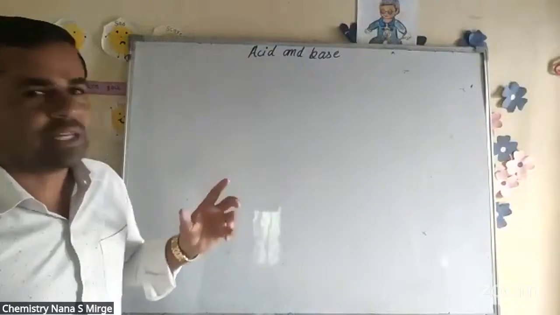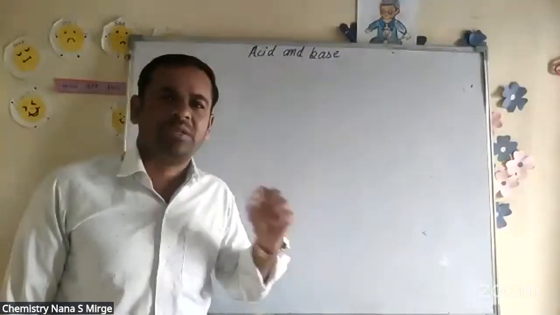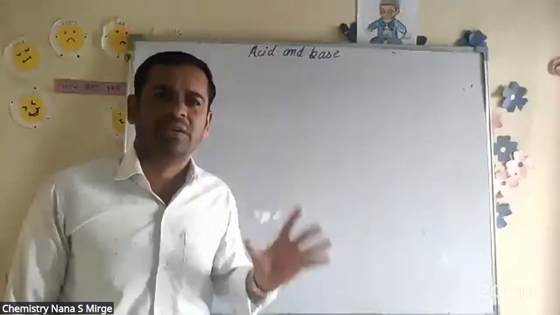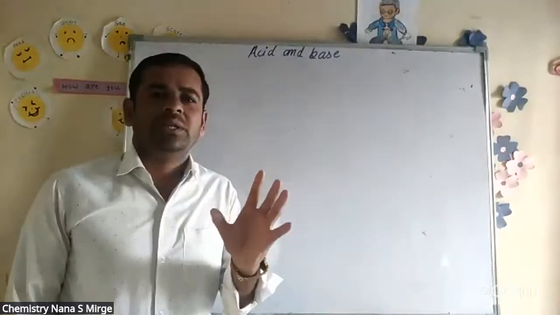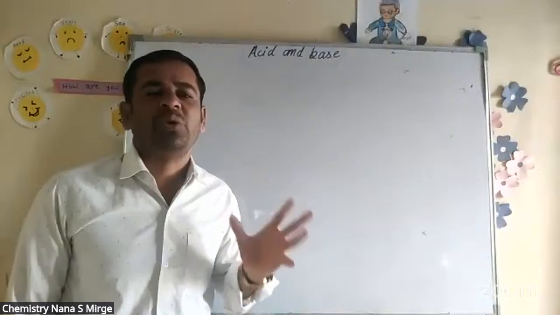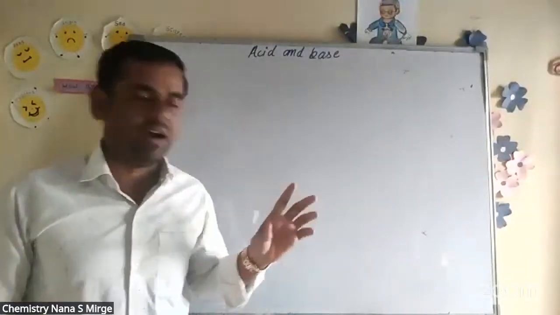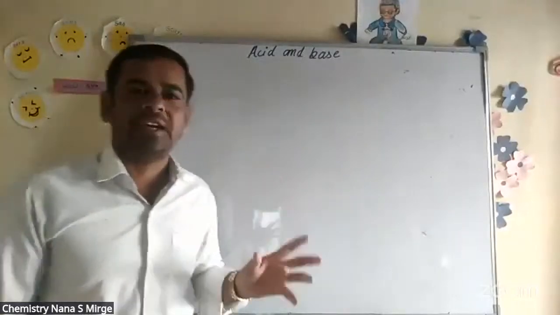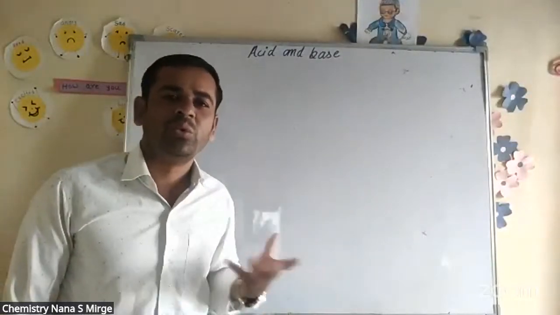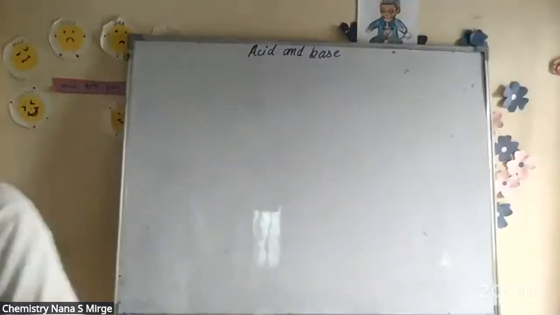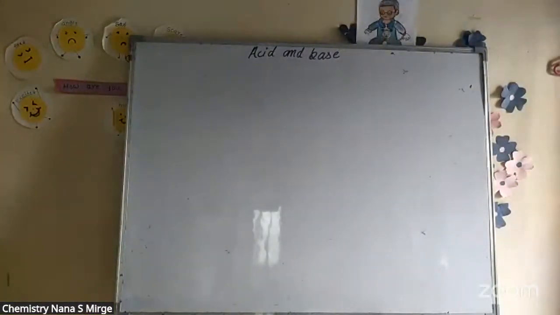But in SPI exams, it may be a question: what is acid, and how does acid play a very important role in the digestion of food, and in acid-base chemistry, and how acids react together to form neutral molecules. So it is very necessary to learn acid and base. And what is the role of acid and base in your day to day life?